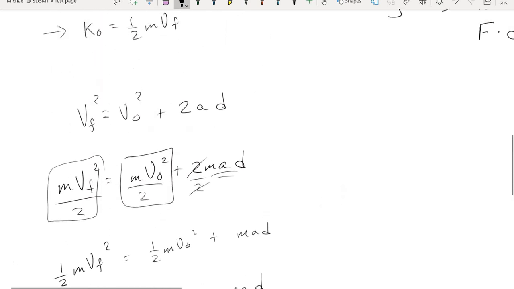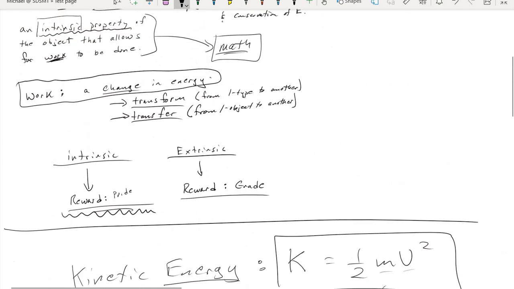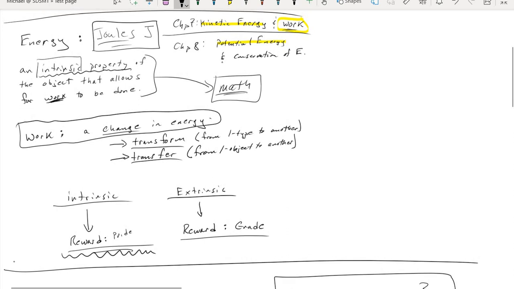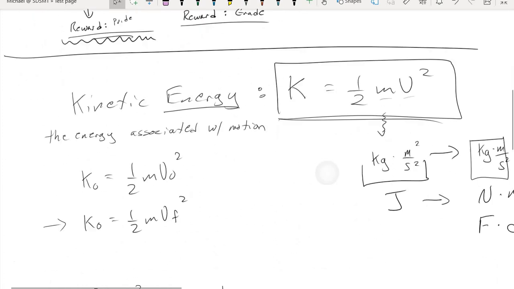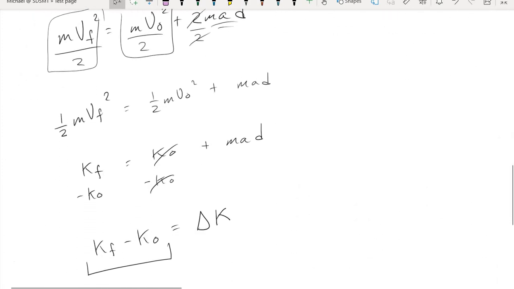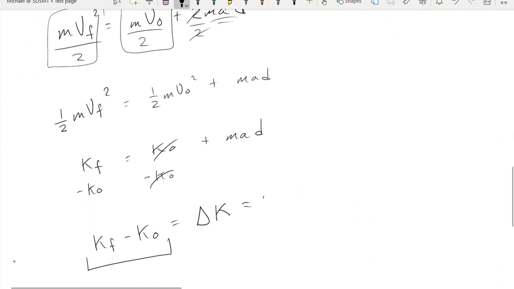Well, our definition for work does not distinguish between what kind of energies we're talking about. We're going to have different kinds of energies. Right now, the only one we have to play around with is kinetic energy, but we now have a change in energy, and that means that work has been done.